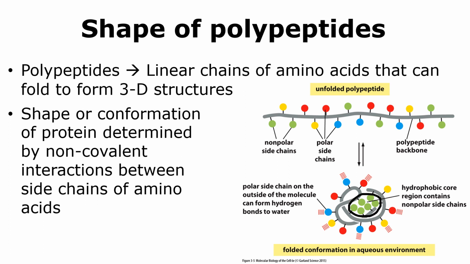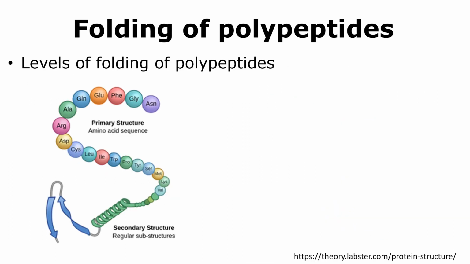So in the three-dimensional structure that is shown here, we are able to see right in the center, or in the core, the hydrophobic amino acids are interacting with one another through their side chains, while towards the outer side of the polypeptide, we can see hydrophilic side chains of amino acids that are interacting with the outside of the polypeptide. There are different levels of folding when it comes to polypeptides.